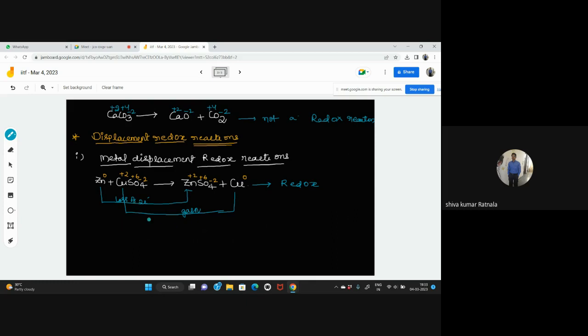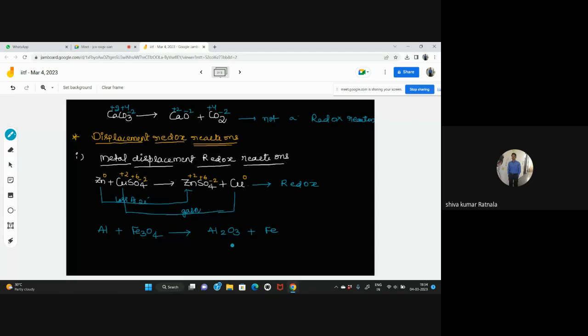In the same way, for example, aluminum reacts with Fe3O4 to give Al2O3 plus Fe.